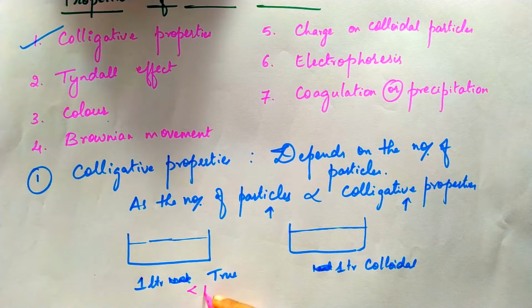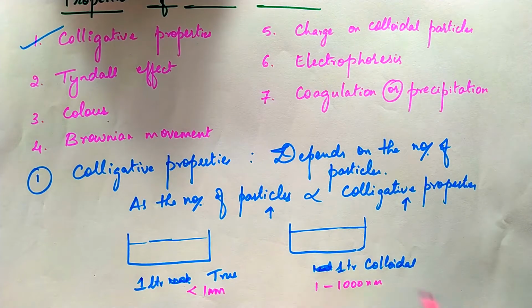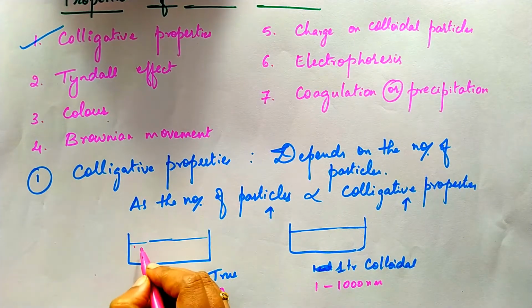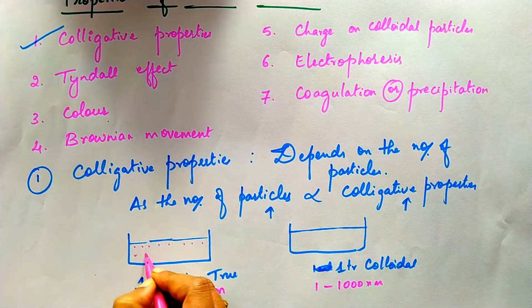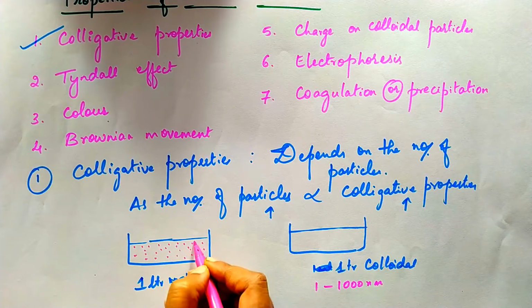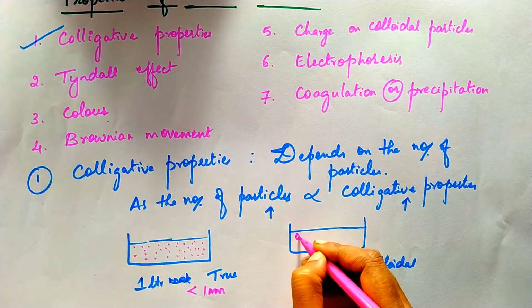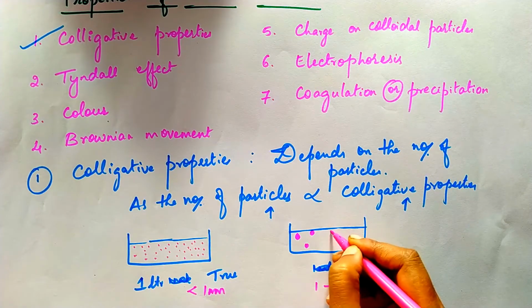In the colloidal solution, the particle size ranges from 1 to 1000 nanometer. Therefore, in the true solution, there are a number of particles that are small in size. When I take the colloidal solution, the particle size is very big.